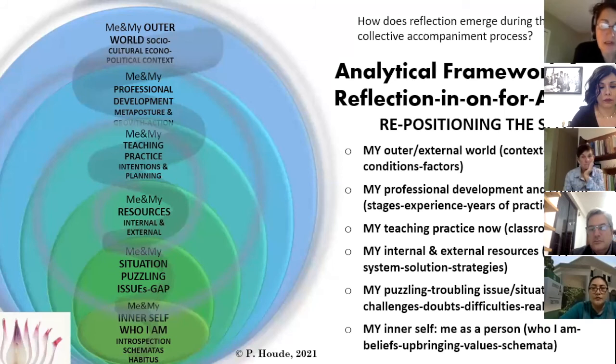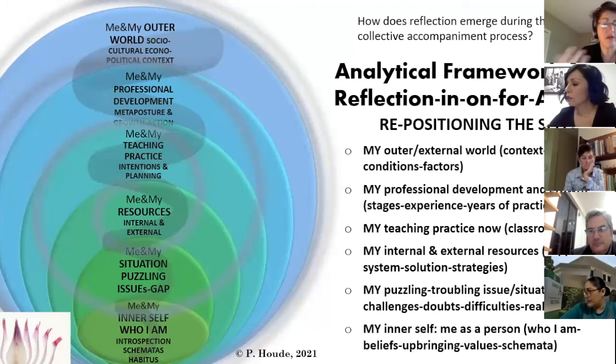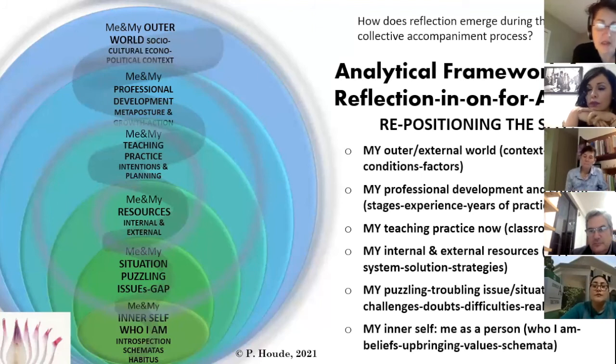So this is what is currently going on. And as Suzanne mentioned, we look at the internal and external resources that we have in our environment, the support system that we have, the solutions that we can find inside or outside of us, the strategies we can use to improve and better our practice, right?